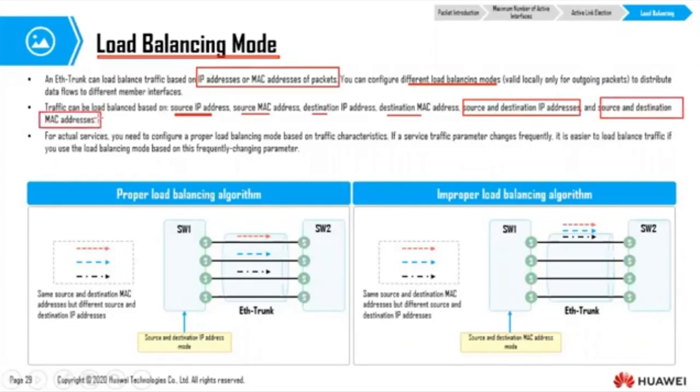You can either use them individually or you combine them. For actual services, you need to configure a proper load balancing based on the traffic characteristic. So if a service traffic parameter changes frequently, it is easier to load balance traffic if you use the load balancing mode based on this frequently changing parameter.